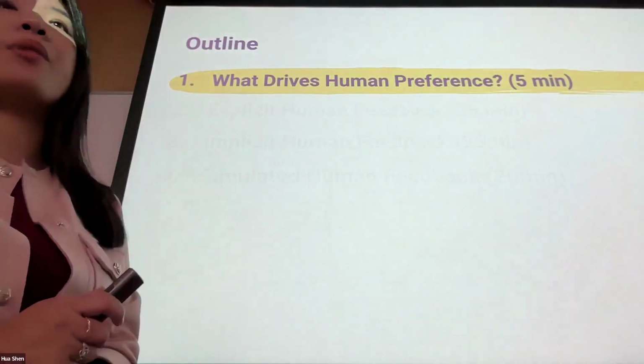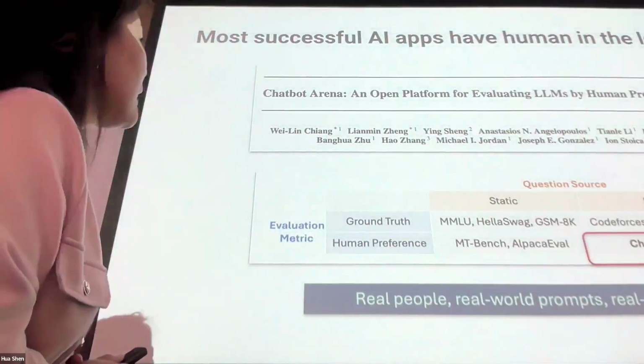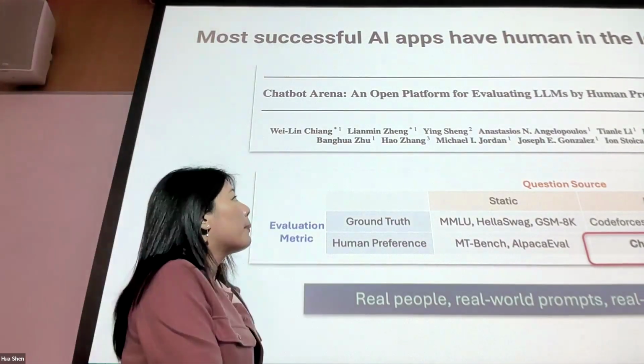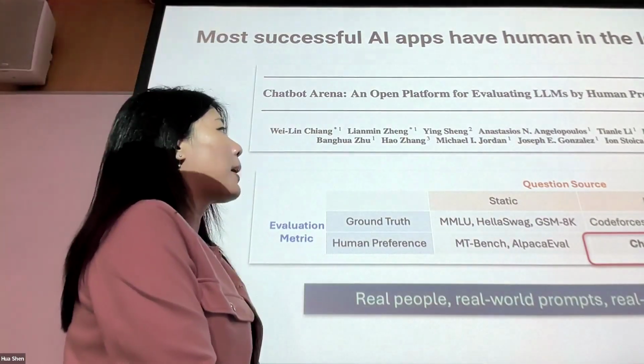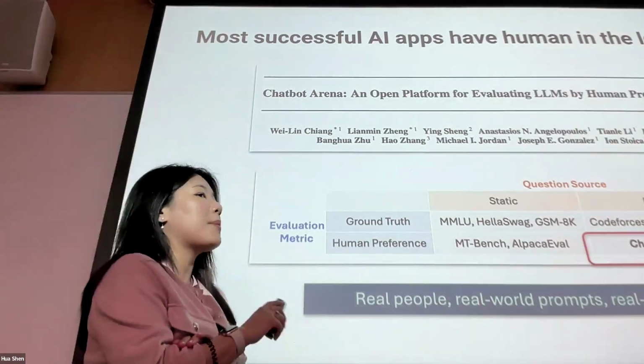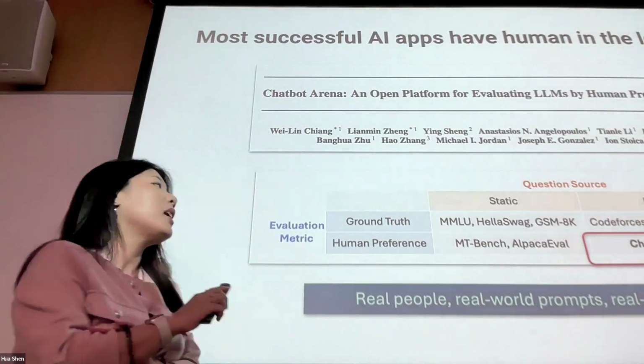What drives human preference? This is a paper named Chatbot Arena, which is an open platform for evaluating LMs by human preference. I like this table.